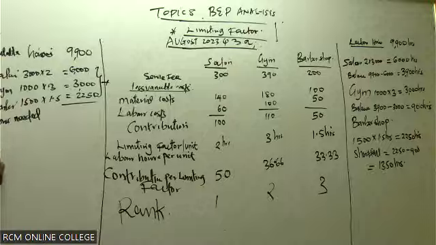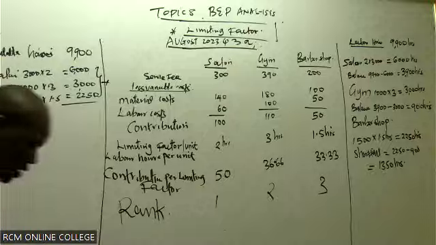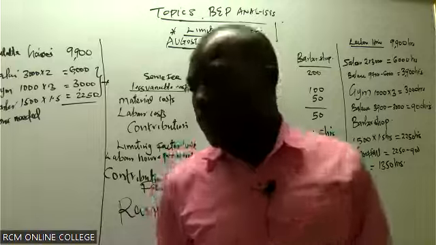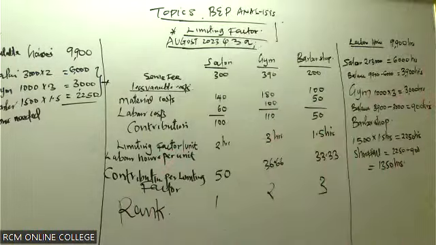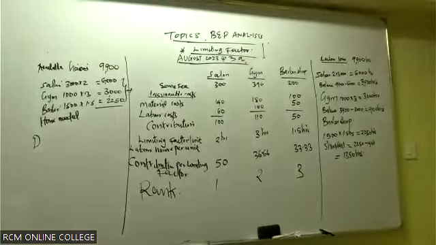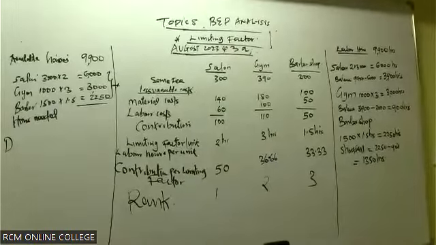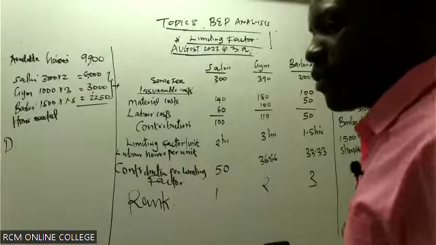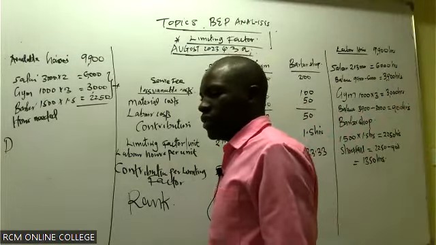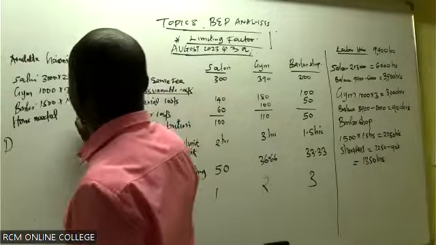Then you give us the deficit or surplus. The total is 11,250.